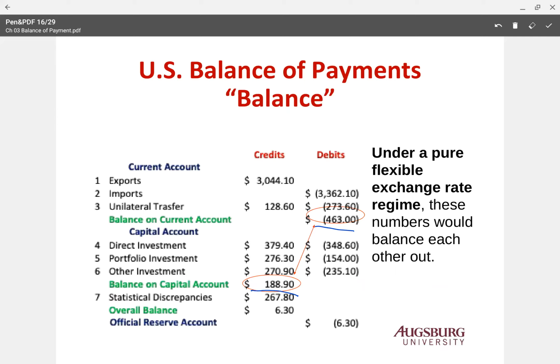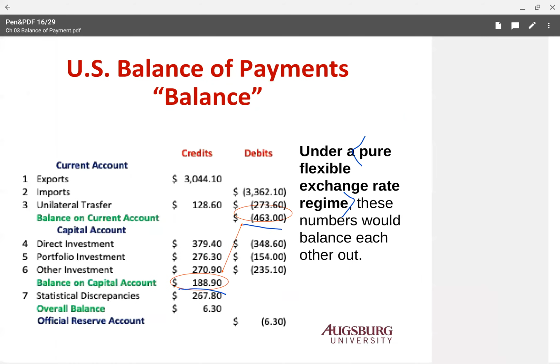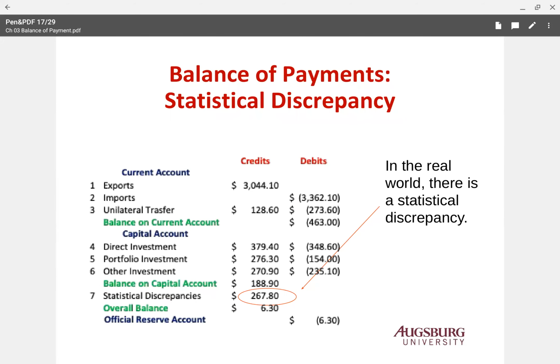As you see, we are not under a pure flexible exchange rate regime, and we have the official reserve account here, which is $6.3 billion. Then that difference should be the actual error.